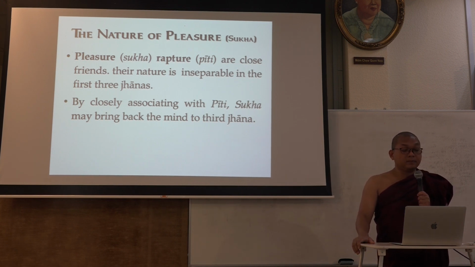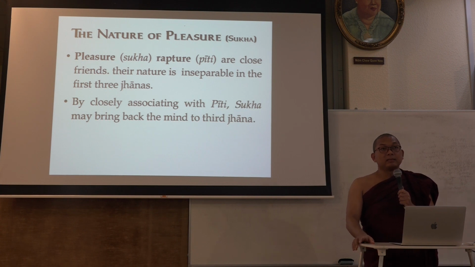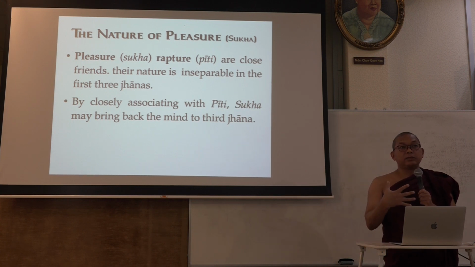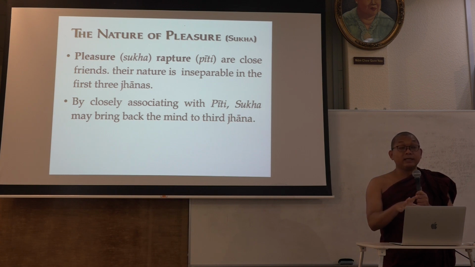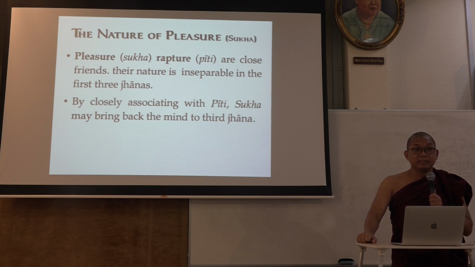So as somebody practices the fourth jhana, he begins to see the danger of pleasure or sukha. By that time, maybe we can find traces of equanimity. For that reason, the Sutta says that in the third jhana, Sutta model, there is equanimity. Right? Equanimity. A very subtle one.